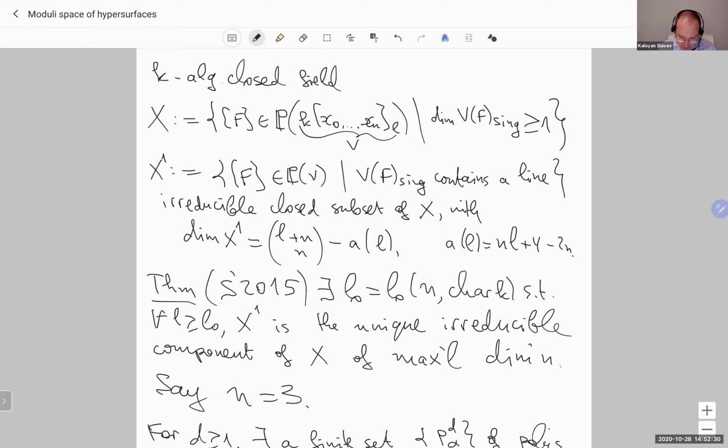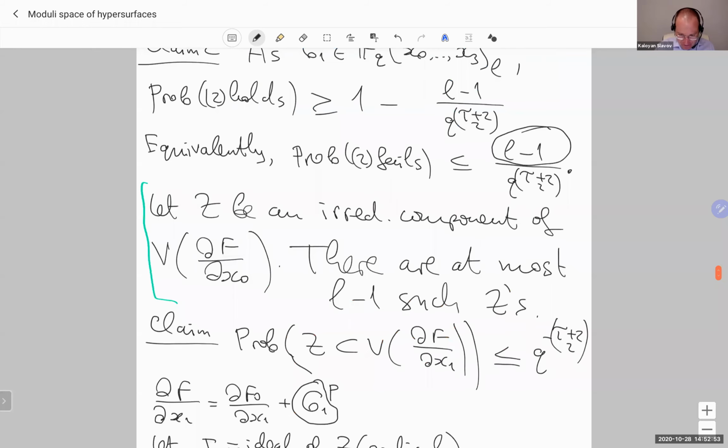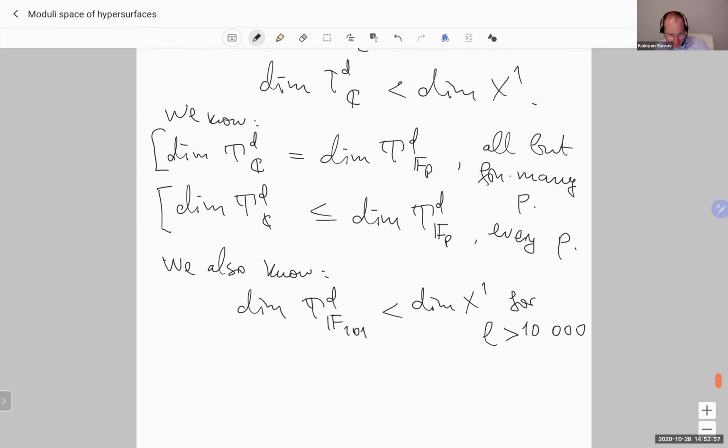Now, the question is, how does L0 really depend on the characteristic? By the way, I think that in the end, this statement will be true for all L. It's just that the method proves it only for large L. But let's see if we actually prove that it doesn't depend so much.